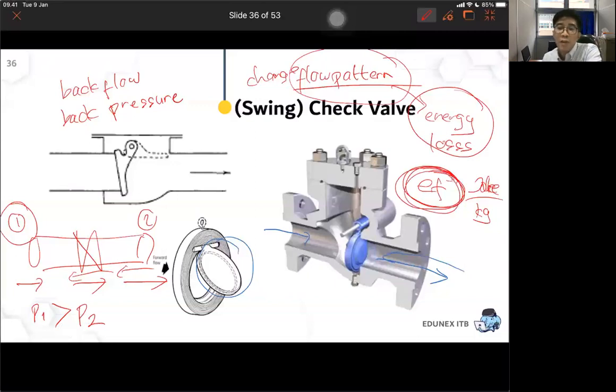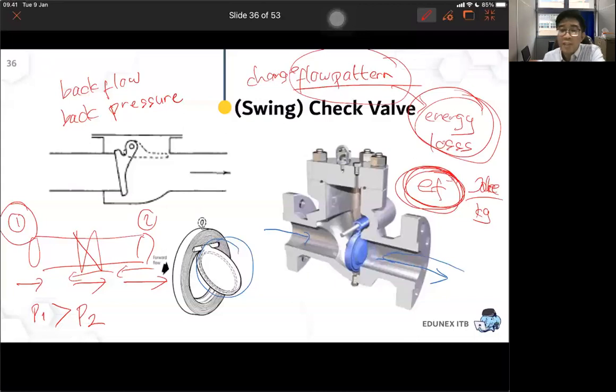What will be the effect of energy loss? Less pressure in the fluid. Yes, the fluid will experience pressure drop or pressure loss. Same with the fitting, due to the fluid flowing through the fitting, there will be some pressure drop due to the energy loss.